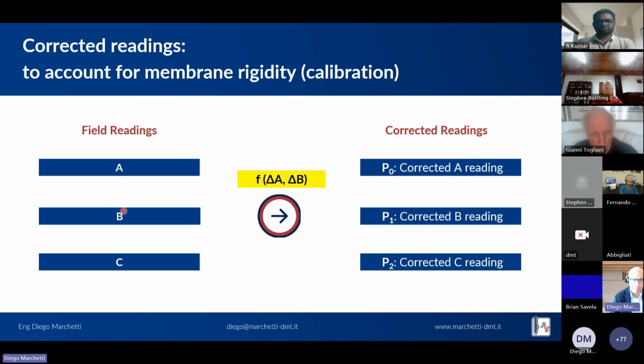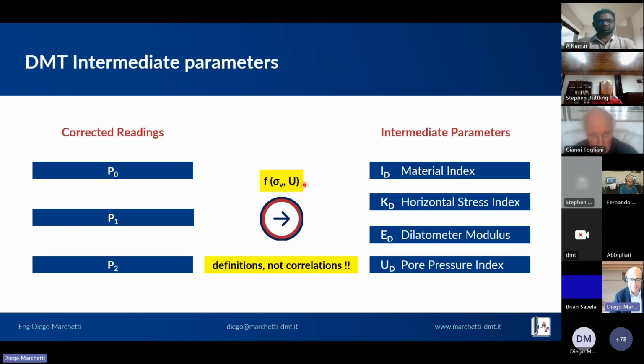So the first step of the processing of the field readings A, B, and C is to get the net or corrected readings A, B, and C that are named P0, P1, and P2 by using the calibration values delta A and delta B. The second and most important step is to evaluate the DMT intermediate parameters, which are ID, KD, ED, and UD.